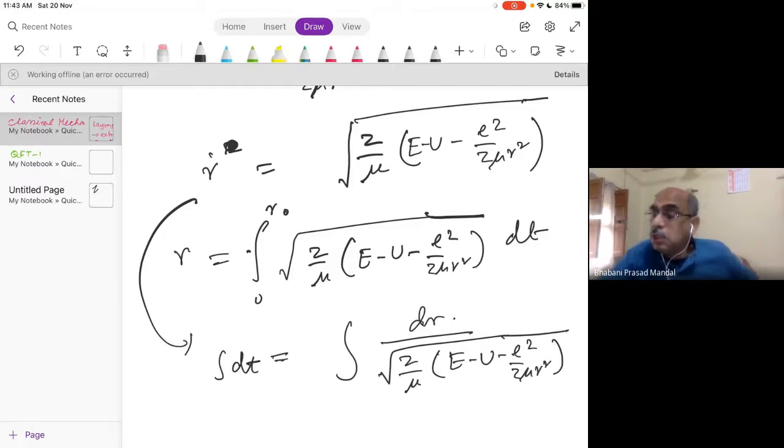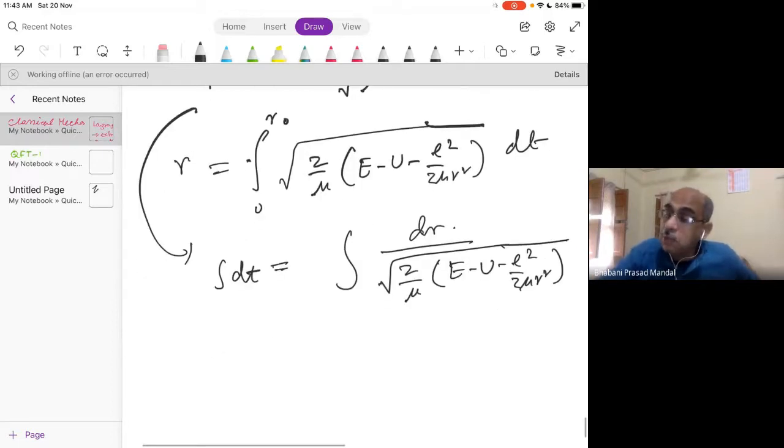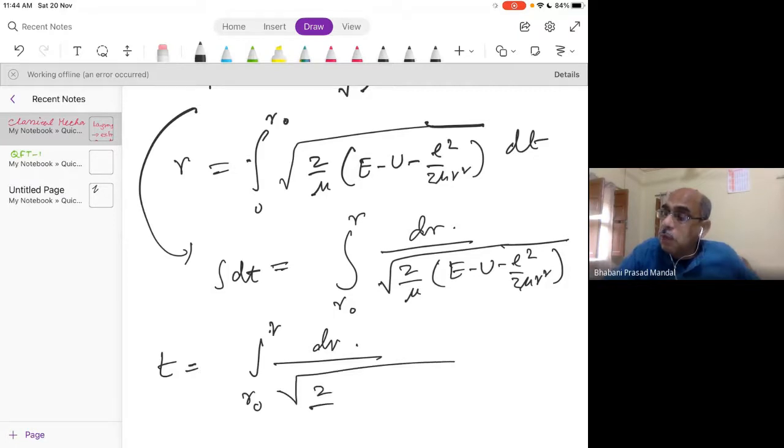Right. So this is basically known as the first integral of motion. Sometimes we ask what is the first integral of motion. Suppose your motion is between r0 to r. So t equals integral from r0 to r of dr over root of 2 by mu E minus U minus L square by 2 mu r square. So these are the integrals of motion.